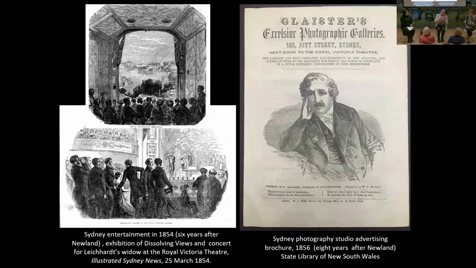A daguerreotypist called Brown in Hobart made images of Aboriginal people as daguerreotypes, and a daguerreotypist in Adelaide called Hall even exhibited them. So Newland must have made the decision that it wasn't worth it from his point of view.